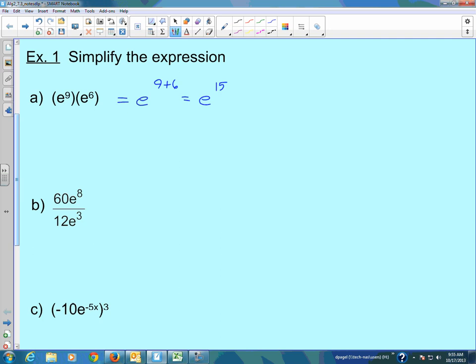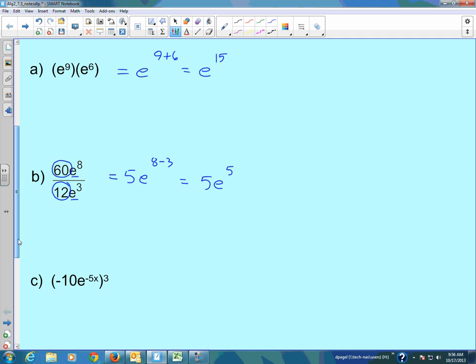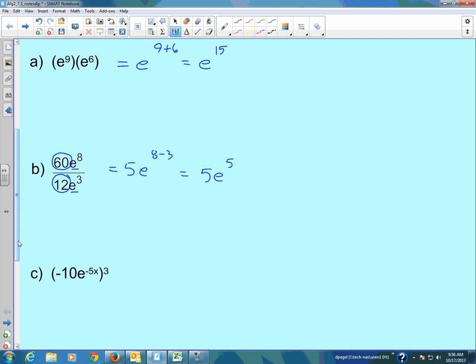And then in B, we have bases that are dividing with each other. Now the 60 and the 12 are not being affected by those powers of 8 and 3 respectively, so they're just a coefficient. That means they just simplify. 60 divided by 12 is 5. And then we have e to the 8 minus 3 because we're subtracting. And we get 5e to the 5th. So those are our product of powers or our quotient of powers.